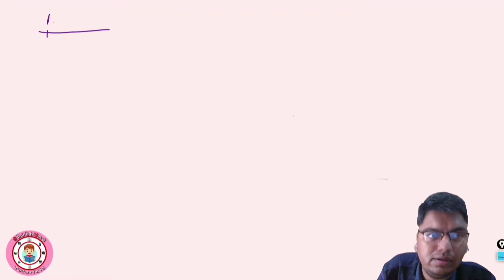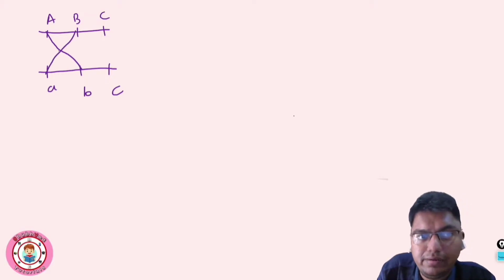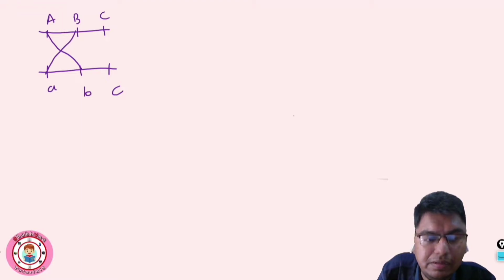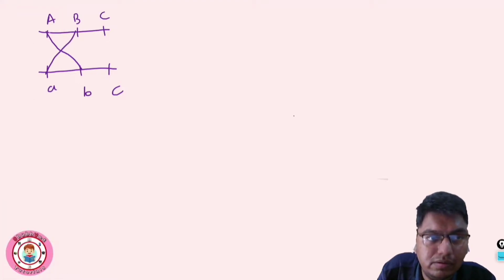Suppose I take here, I will just draw. So now the cross is between this. What happens? We will write only these things, starting from here and this.